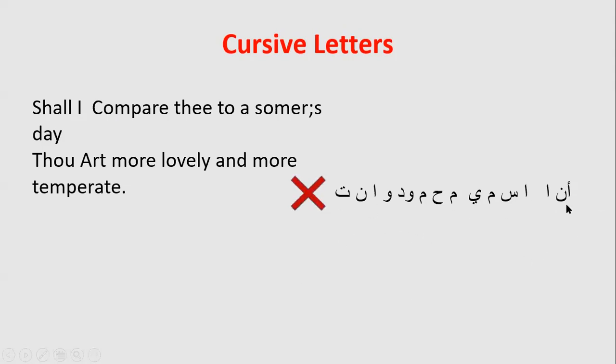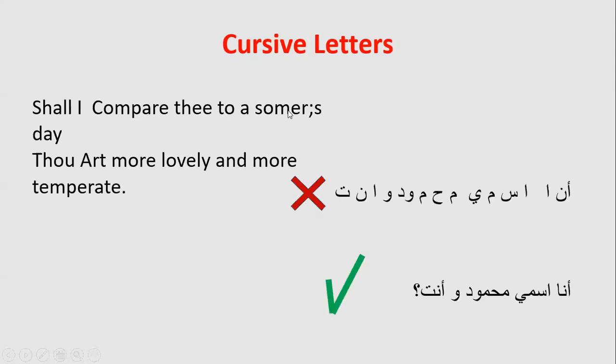But if we write Arabic like this, it is surely wrong. We cannot write Arabic with separated letters. We need to write Arabic like this, in cursive, joined letters. This is the true way of writing Arabic.